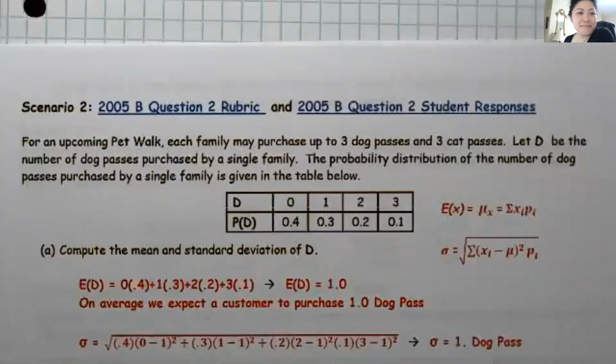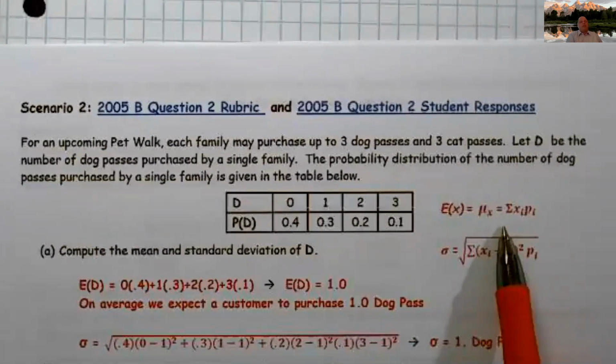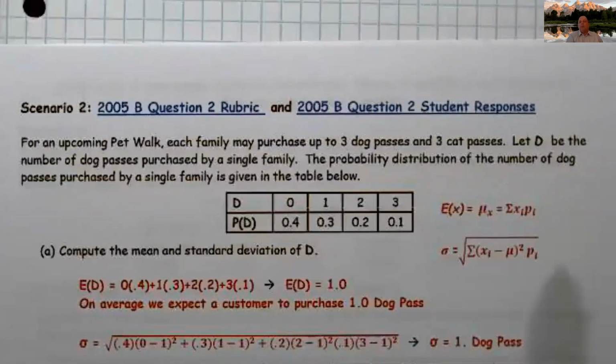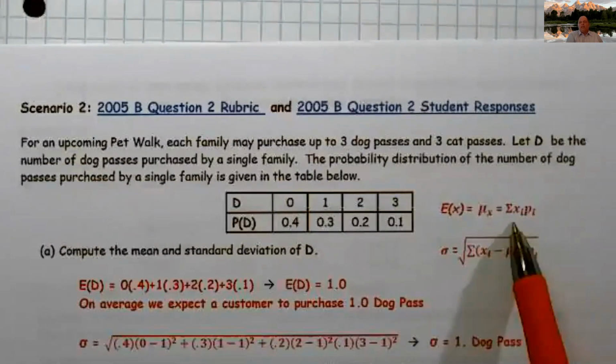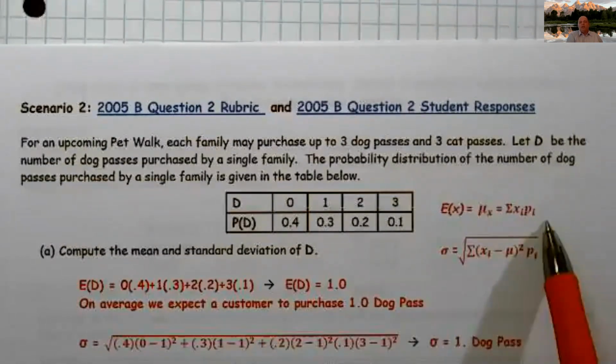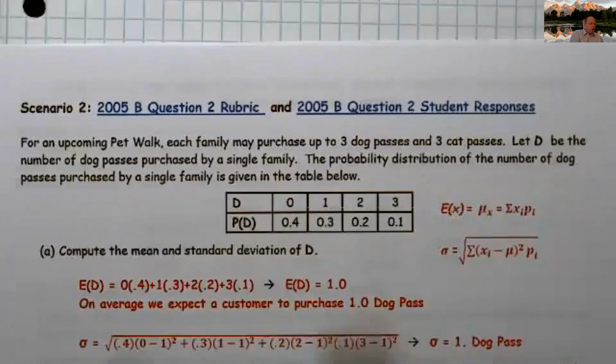So the expected value, here's the formula. And by the way, you will have access to a formula chart on every single test. I'll remind you where it is, but it's on my website. But the expected value, or the mean of X, equals the individual X's times the probability. All right? So the work shown would look something like this.